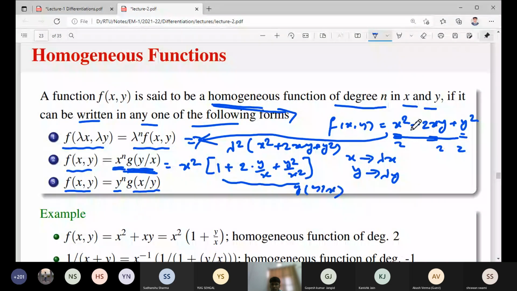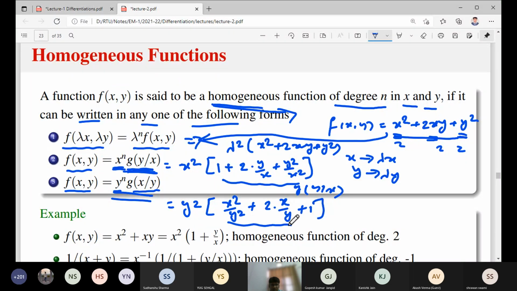Similarly, you can write this function in this form also. Take the maximum power of y here. So the maximum power is y square. So if you take y square common here, you can write it as y square times x square upon y square plus 2x upon y plus 1.